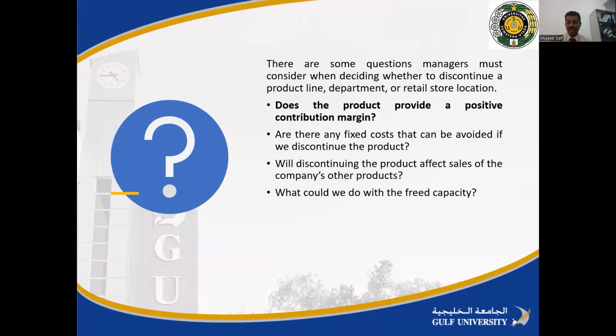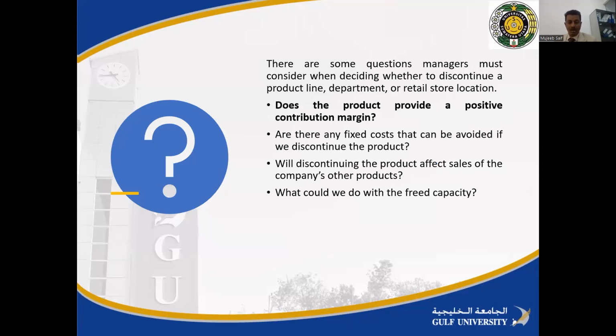The building is the same, insurance is the same, the salary of the administrative and sales departments is the same. So whether I stop one product or two, the fixed cost will be the same. So fixed cost cannot be eliminated. Maybe a small amount we can avoid, but not all of it.